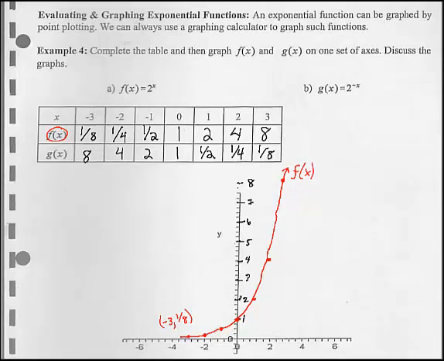How about g of x? I'll sketch it in green. And here we just reverse our numbers. At negative 3 we go to 8, which is up here. And at negative 2 I drop down to 4.